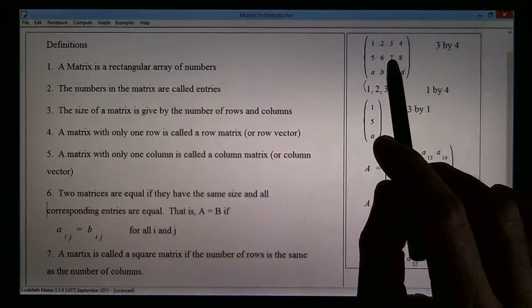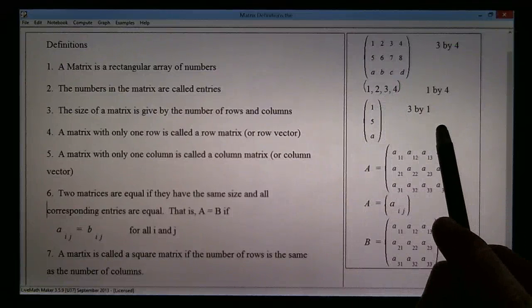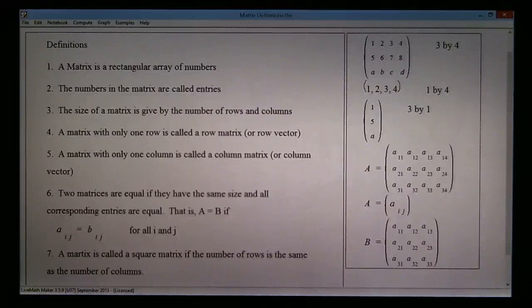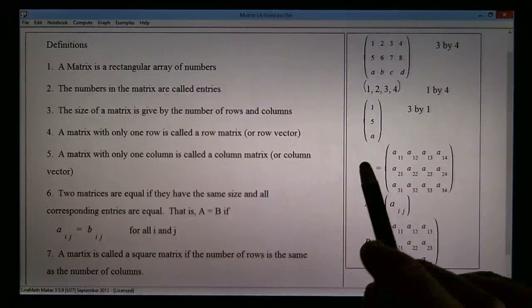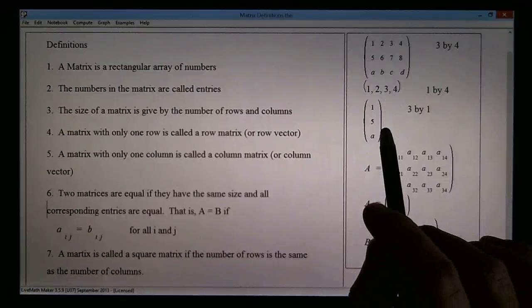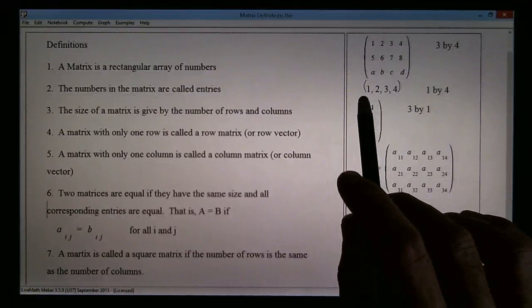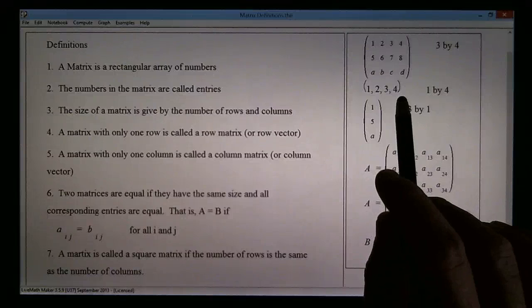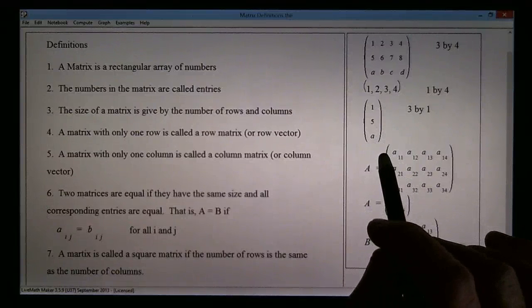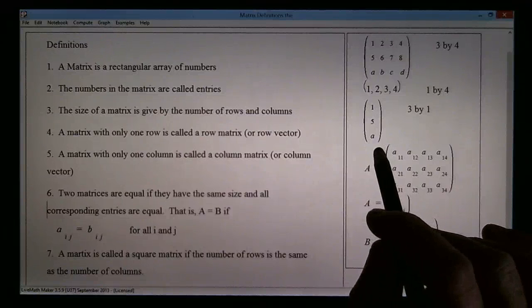The actual numbers in the matrix are called the entries in the matrix. So entries is something we're defining here. These two matrices are kind of special in that they have only 1 row or 1 column. A matrix that has only 1 row we will call a row matrix. Likewise, a matrix that has only 1 column we call a column matrix.